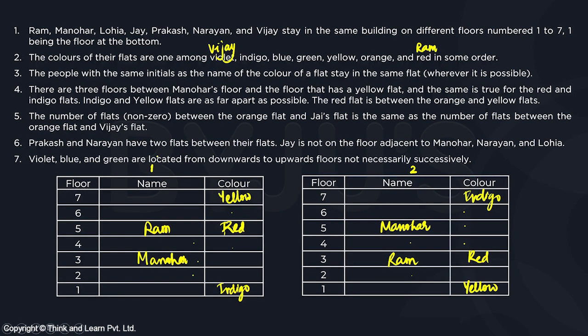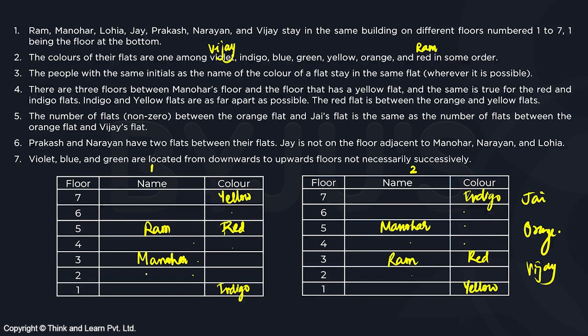So can we say that orange flat cannot be on the 3rd floor? Because fifth statement says that wherever the orange flat is, and suppose Jay's flat is above him and Vijay's flat is below him.